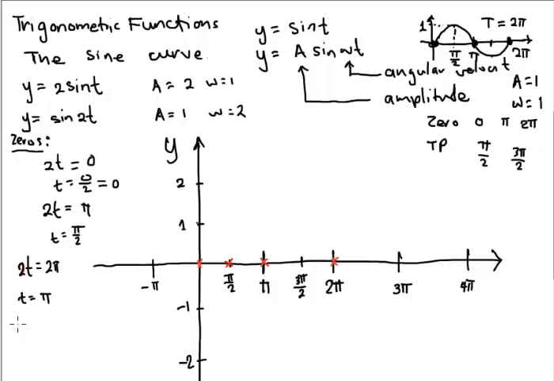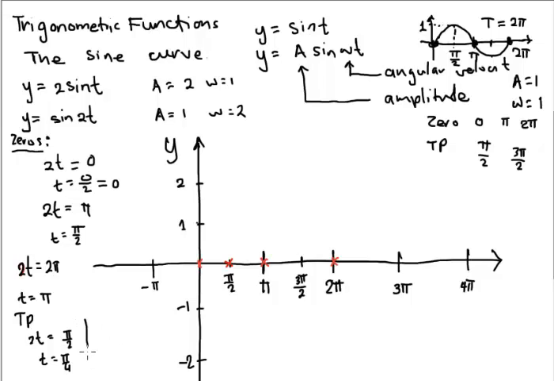Now once you've found the zeros, you must go to the turning points. The turning points are when the argument is equal to half pi. So now you can say 2t equals half pi. Solving that equation, you get t is equal to quarter pi.